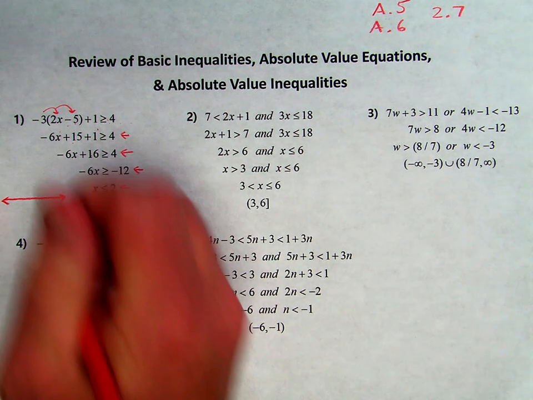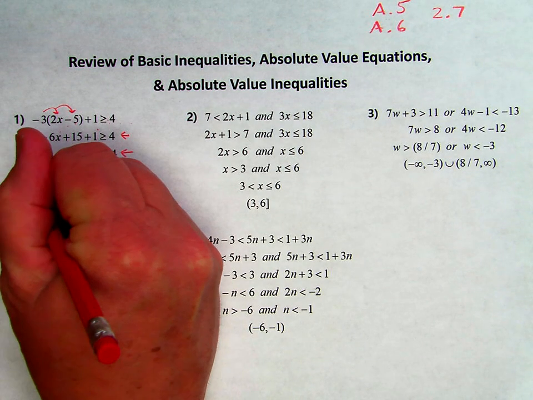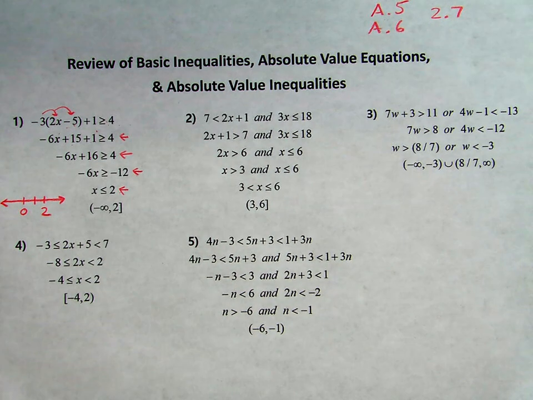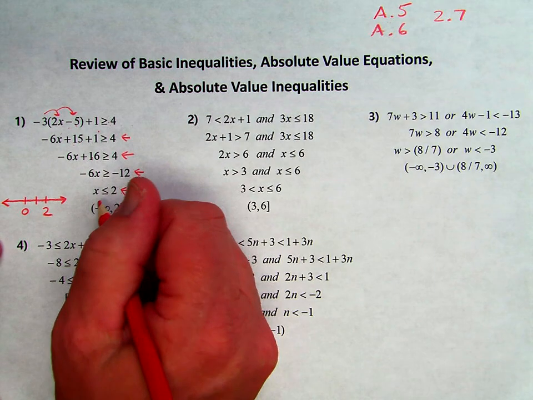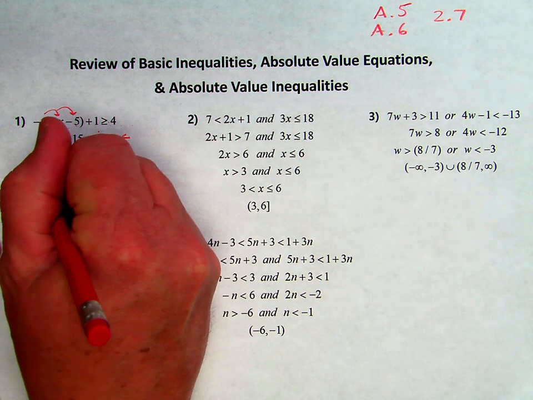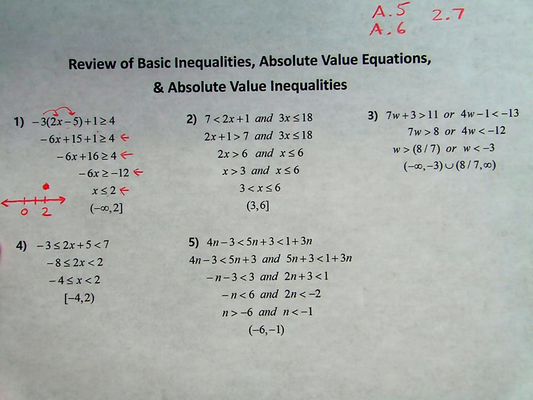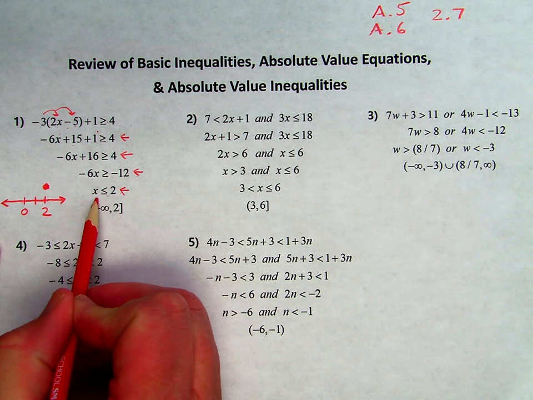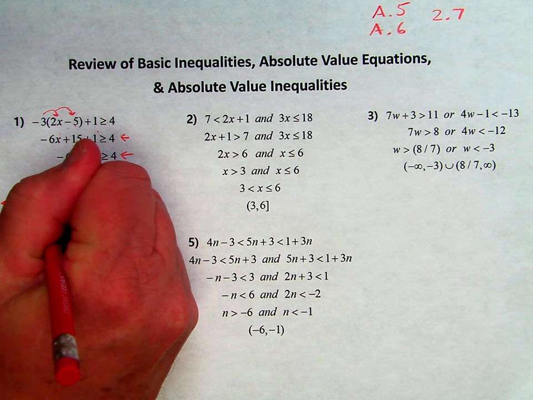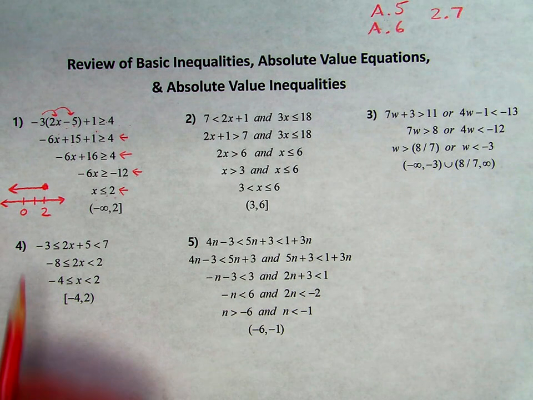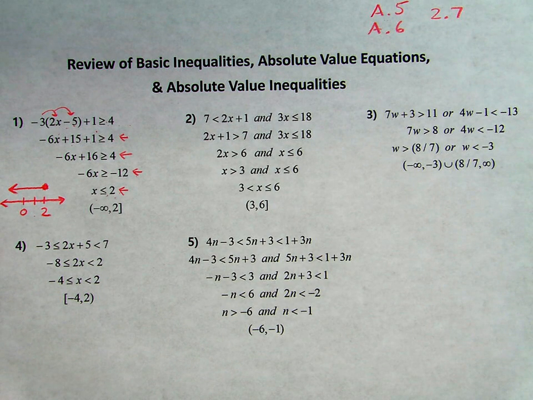So, you should always show where 0 is, locate the key number, which is 2. At that key number, it's going to be a closed circle, because we have that line underneath the inequality. And as long as the letter's on the left and the number's on the right, the shading matches the arrow. So that would be the graph of that final answer.